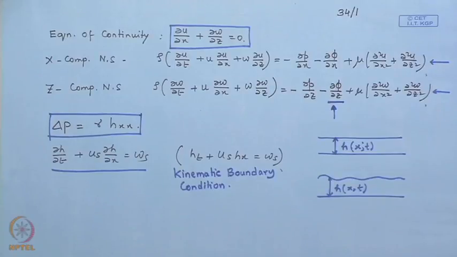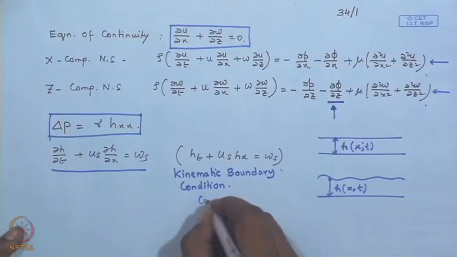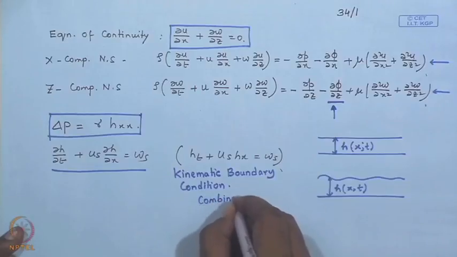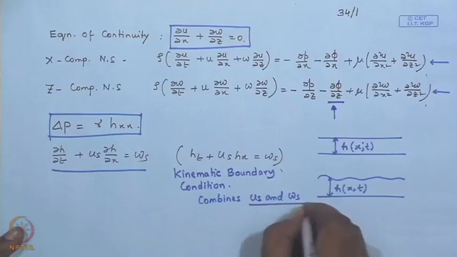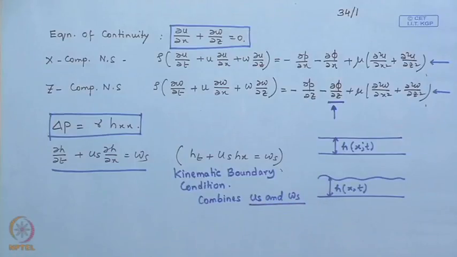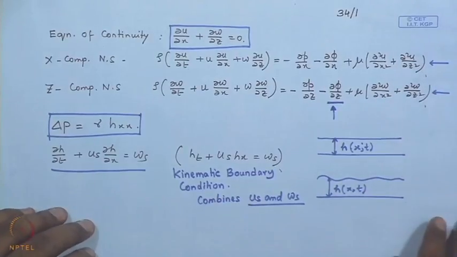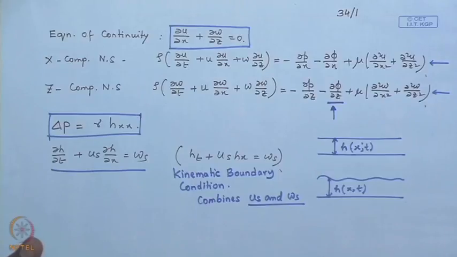That is, it combines us and ws. Okay. So, these are all the equations that we will need to understand mathematically how the instability of a thin film can be understood.